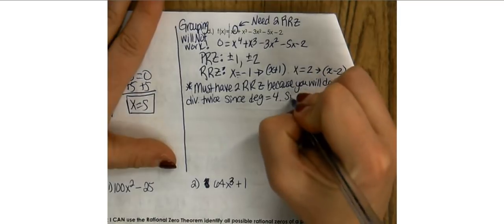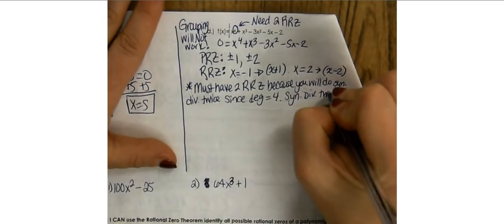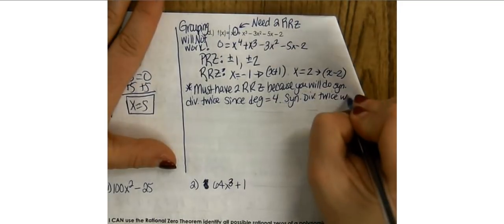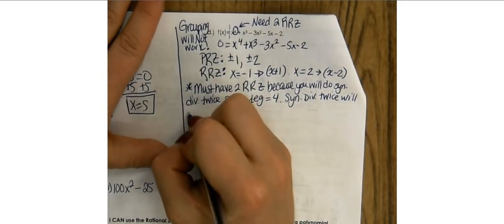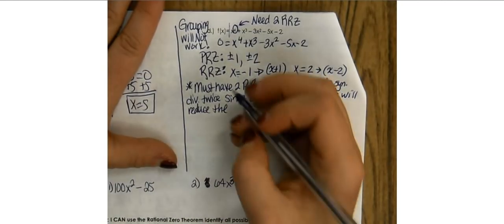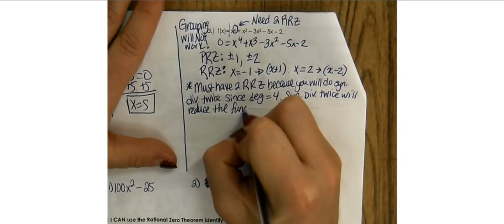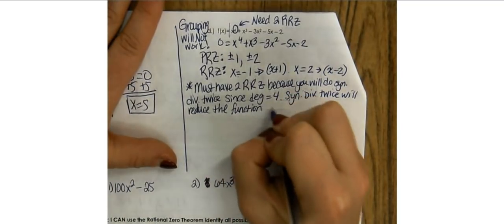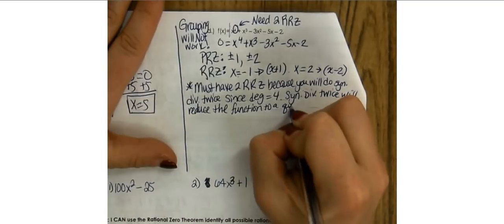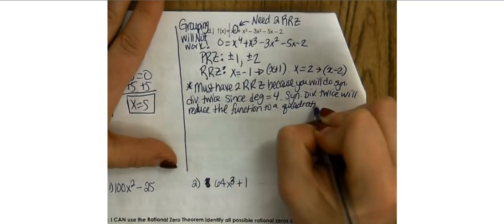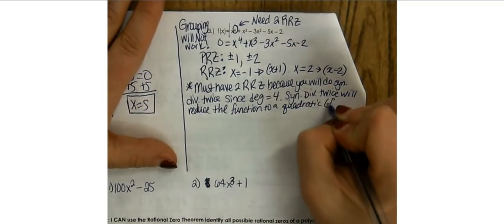So synthetic division twice will reduce the function to a quadratic that could be factorable.